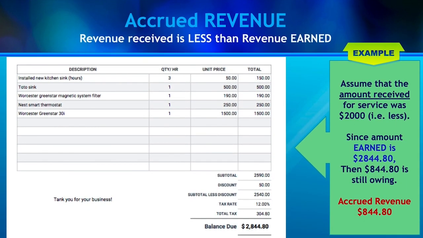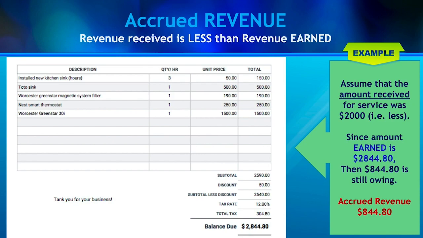So in our example here, we are going to assume that the amount that we did receive was $2,000. If the amount earned was $2,844.80 and we only received $2,000, that means we received less than the amount earned, so we have an accrual. And how much less did we receive?